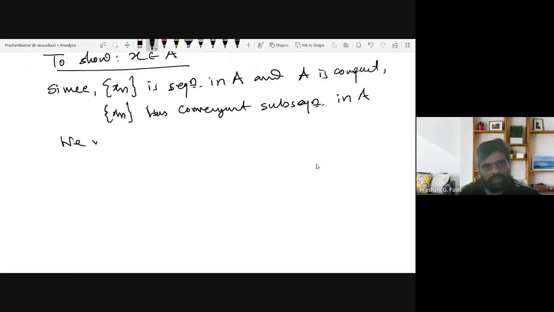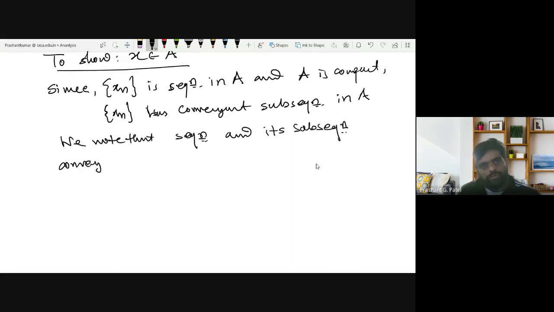Okay. So we note that a sequence and its subsequence converge to the same point x, and this subsequence is in A, so that means this x belongs to A, and therefore A is closed.